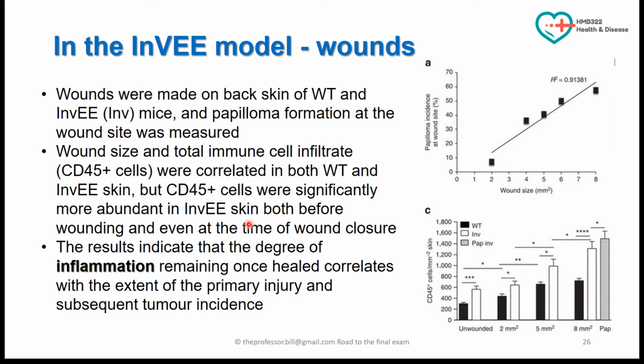And we get more of them after we get wounded. So again, remember, in the NV mouse, you wound the skin, it doesn't heal, it actually forms a benign tumor. So one of the things that this suggests is that because we have immune cells in the skin, and because we get an overgrowth of skin, one of the classic signals that lead to immune cells migrating to an area of damage is some kind of cytokine or inflammatory marker.